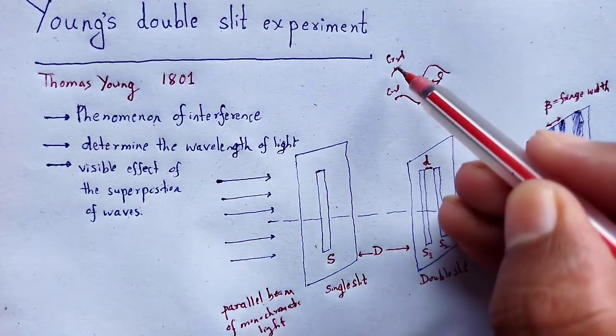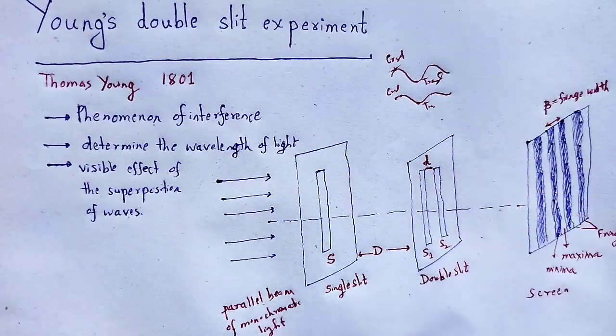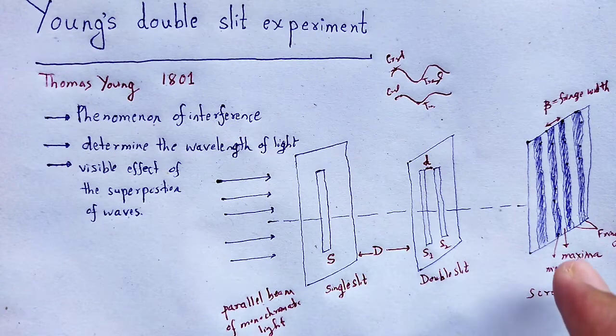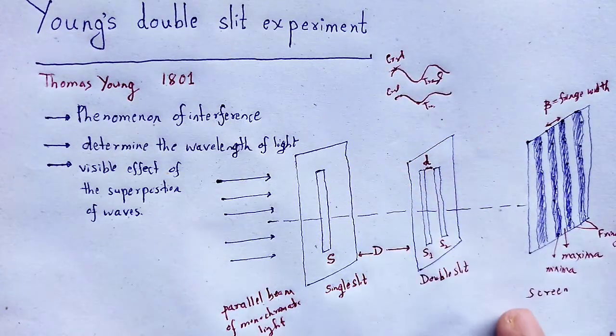If the crest of one wave is superimposed with the trough of another wave, we get the minima, the dark fringe, as we discussed in previous videos.